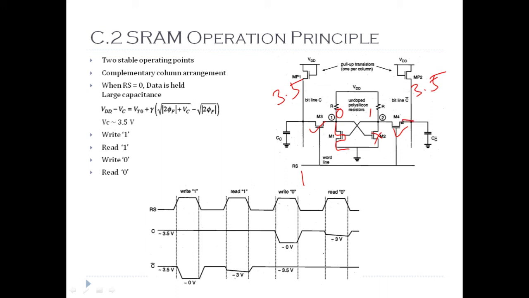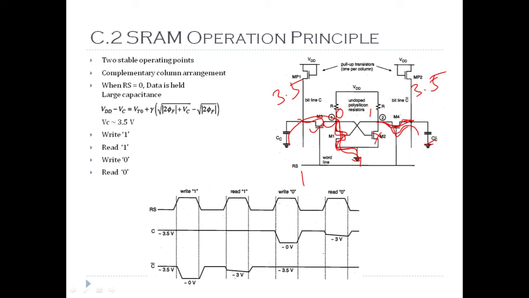As these are turned on, node 2 is connected to the bit line, and this capacitance CC is connected to ground through this M1. When this capacitor is connected to ground, it tries to discharge through M3 and M1 to the ground, and this capacitor CC bar tries to charge through this M4.